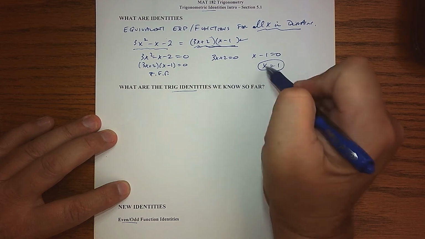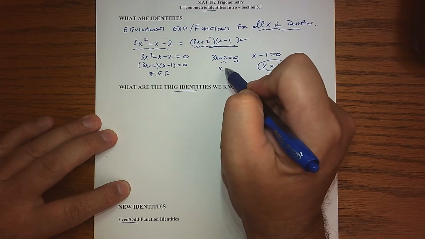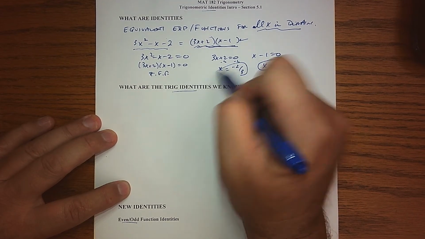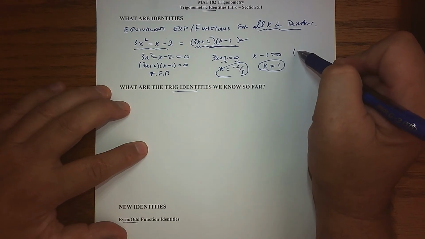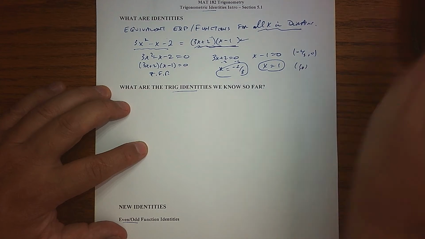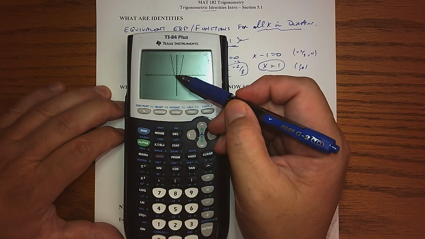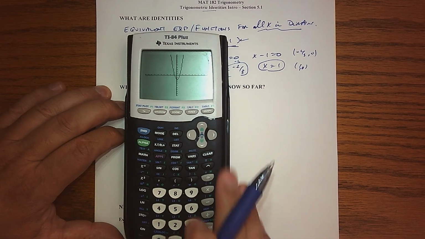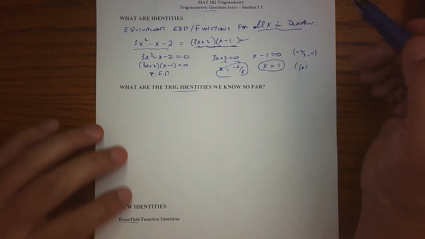Then we can find their solutions: subtract 2 and divide by 3, and we end up getting -2/3. We now had intercepts, which we can see on that graph. There's an intercept at (1, 0), and the other one is at (-2/3, 0). So we were able to answer a lot of questions just by using an identity.